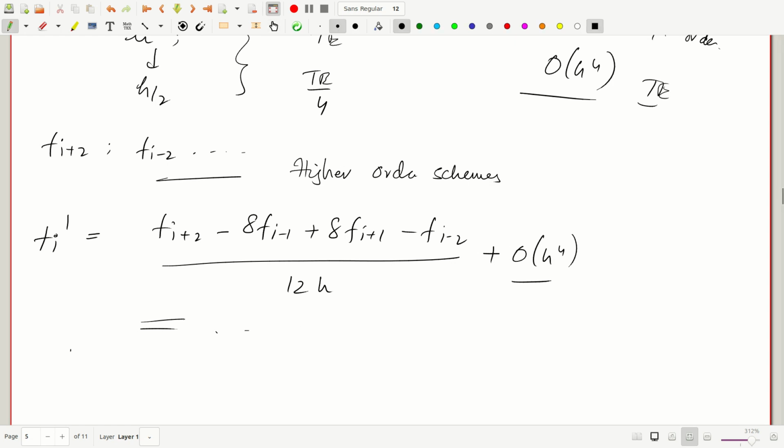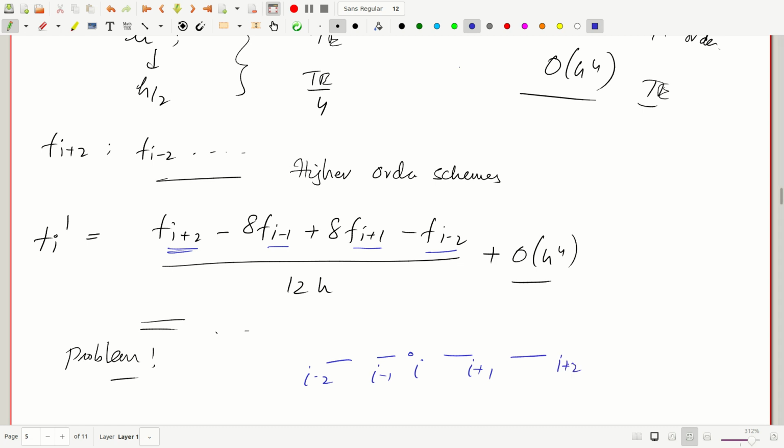But the problem with higher order schemes is that they require data. For example, f_i prime requires data for i plus 2, i minus 1, i plus 1 and i minus 2. That means if you happen to be on a boundary of your domain, it not only requires data which is inside, which is fine, it would also require data which is outside the boundary.